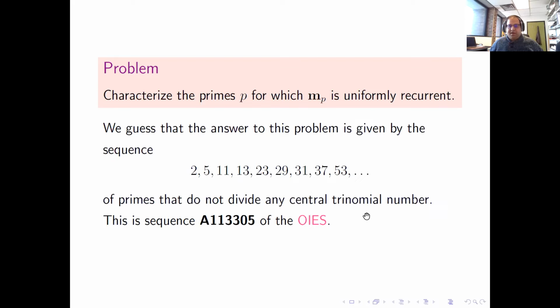It seems like the primes for which the Motzkin numbers mod p are uniformly recurrent are given by a sequence of primes that appears in the online encyclopedia. It's the set of primes that do not divide any central trinomial number. Remember, the central trinomial coefficients came up in the definition of the Motzkin numbers. So there are certain primes that don't divide any of them, and those appear to be the primes where the Motzkin numbers mod p have this uniform recurrence property.